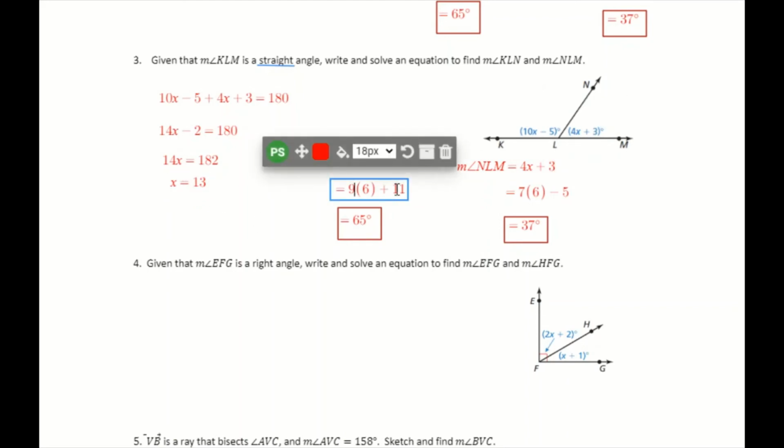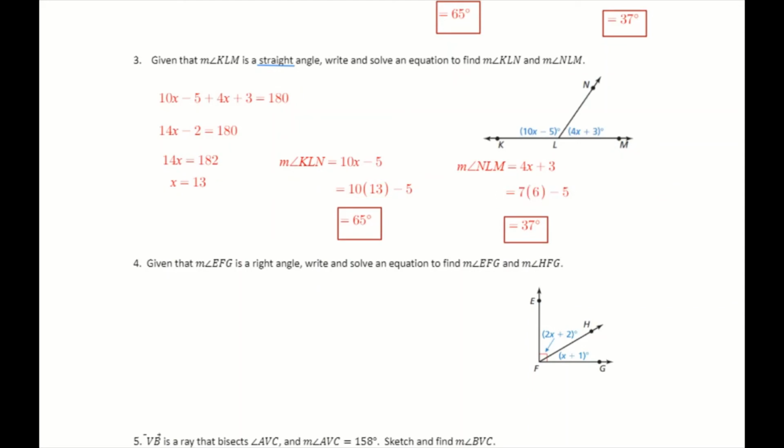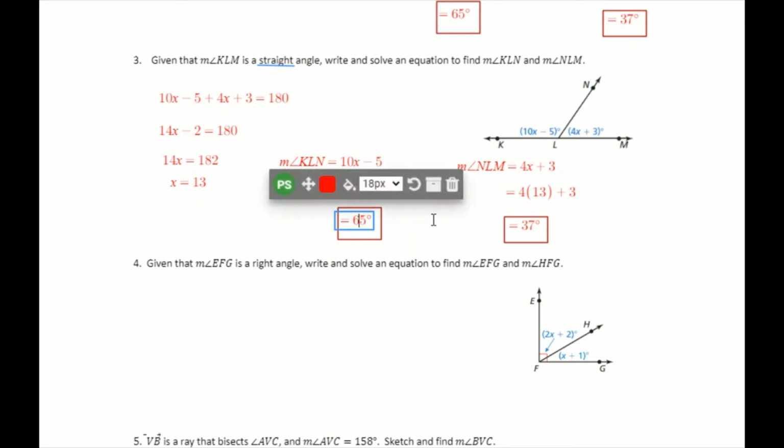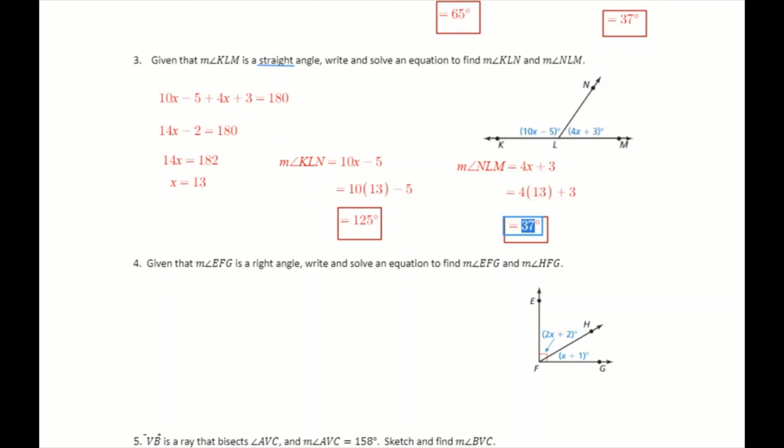We are going to plug in the value of x that we established earlier, which is 13. So we got 10 times 13 minus 5, and 4 times 13 plus 3. Both of these are expressions that we can evaluate in the calculator with relative ease. So 10 times 13 minus 5 will be 125 degrees, and 4 times 13 plus 3 is going to be 55 degrees.